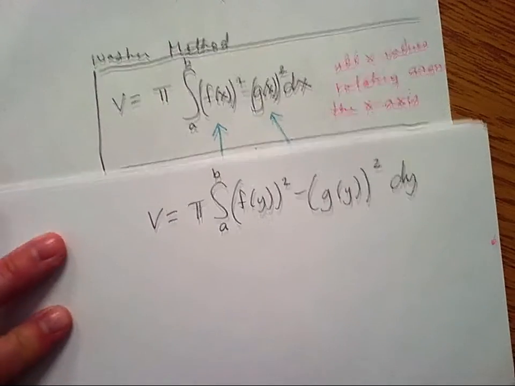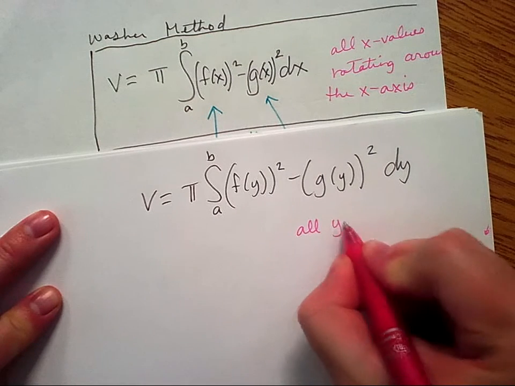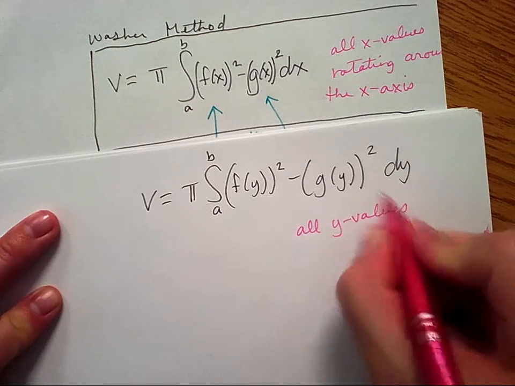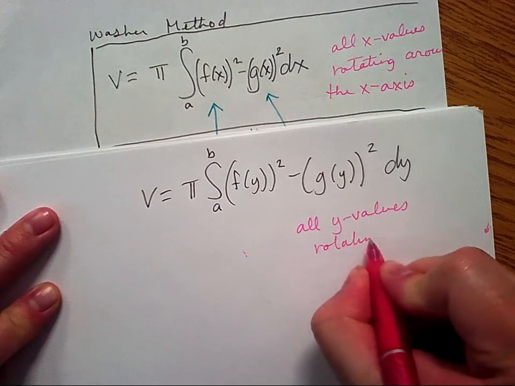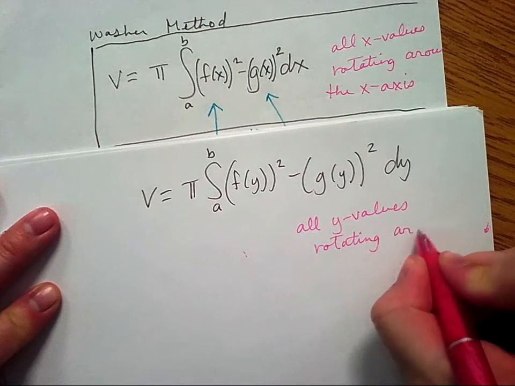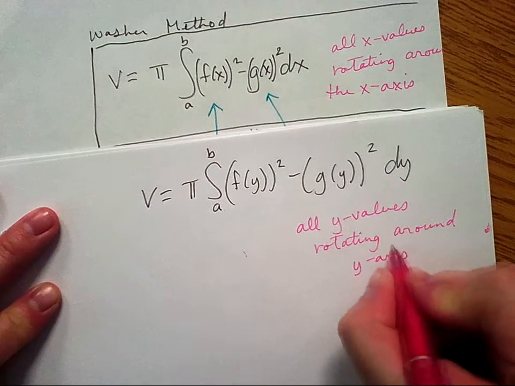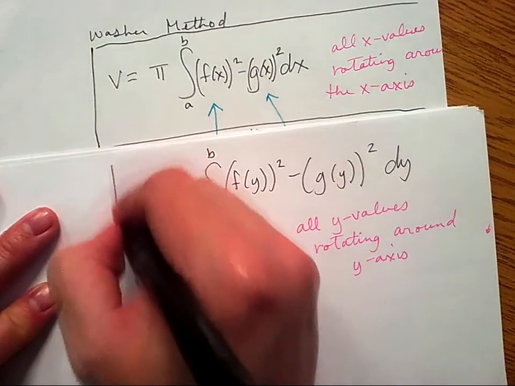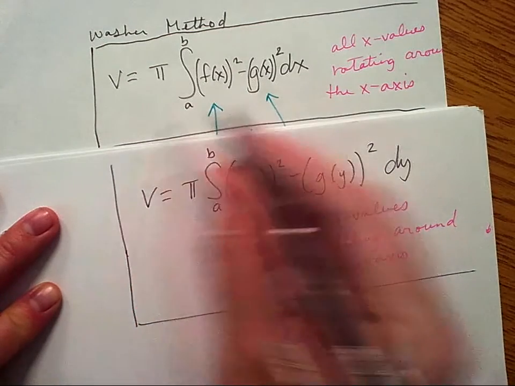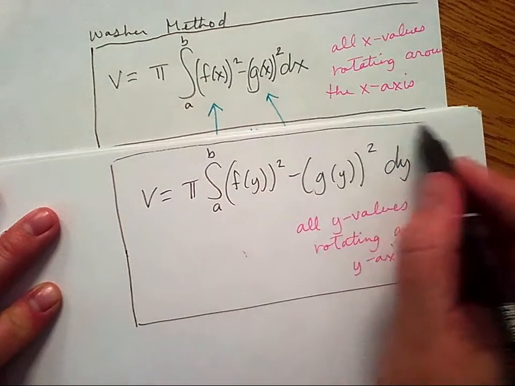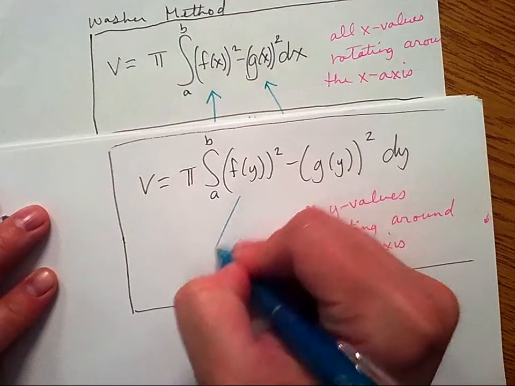So this is all y values, including the bounds, rotating it around the y-axis. Okay? So there's not much that's different, right? It's still big radius, little radius.